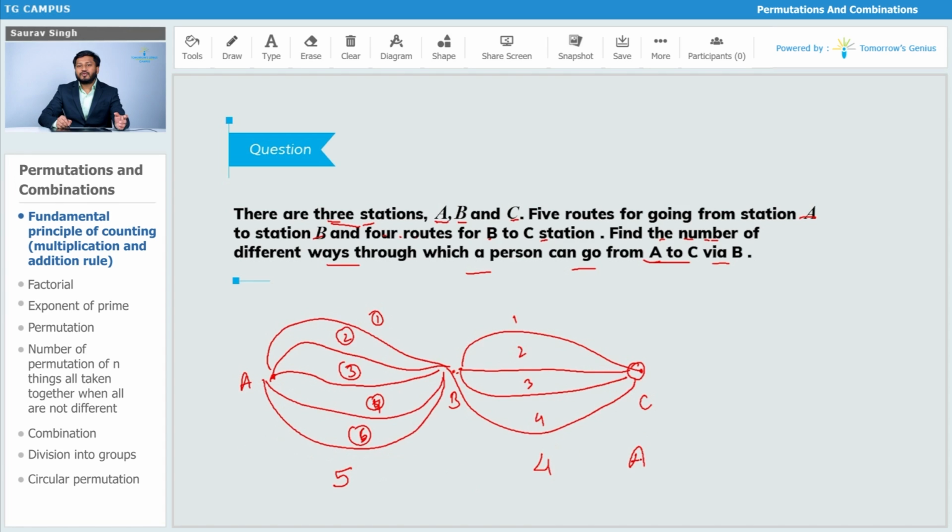So from A to C via B we can do it in 5 into 4, that is 20 ways. So 20 routes are possible for reaching A to C via B.